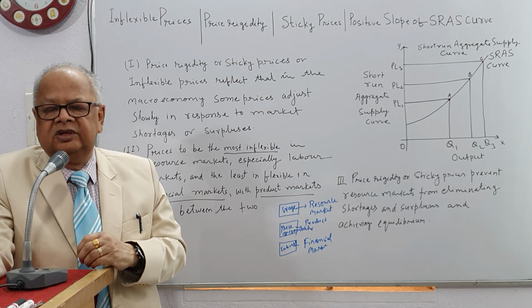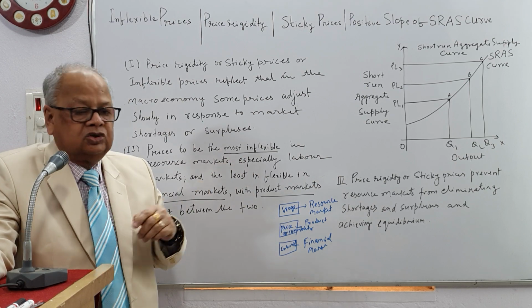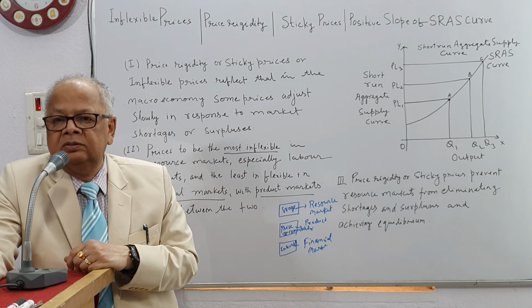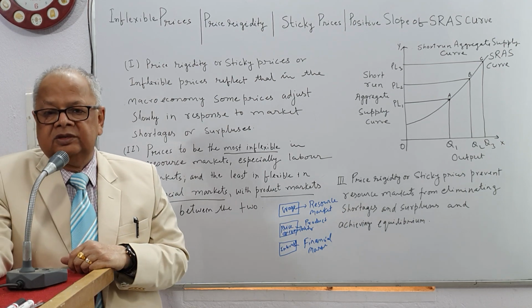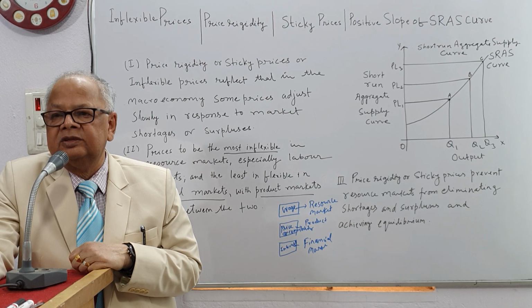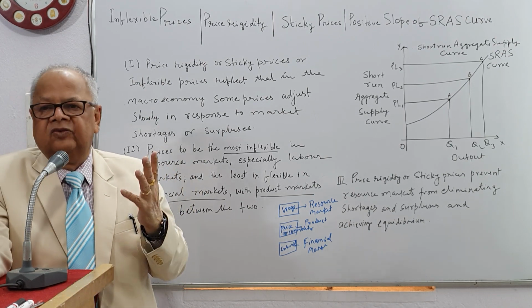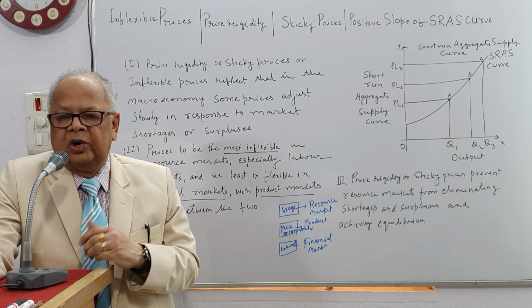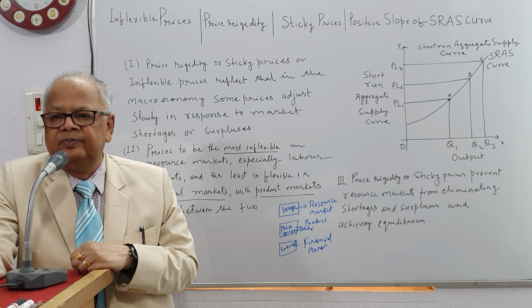This rigidity prevents the resource market from eliminating shortages and surpluses, that means deflation, inflation, prosperity and depression, the phases of the trade cycle.